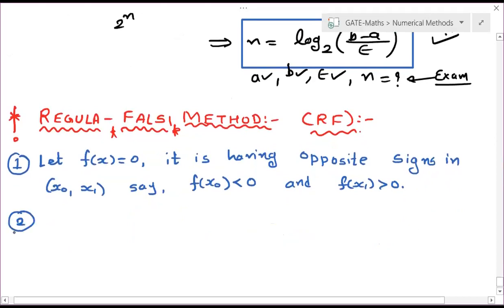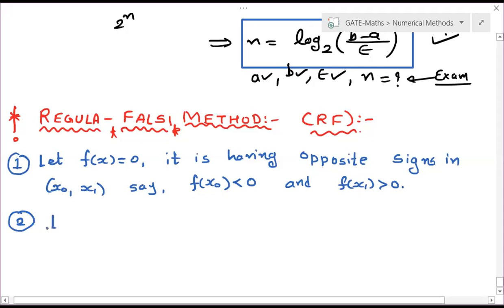Second thing, let x2 be the approximation to the root in that interval. Earlier we were taking approximation x1 from a to b. Now from x0 to x1 I am taking one approximation x2. Now see how we can find this x2.